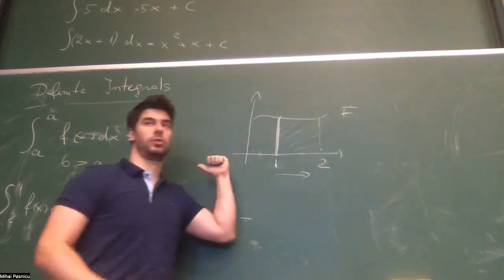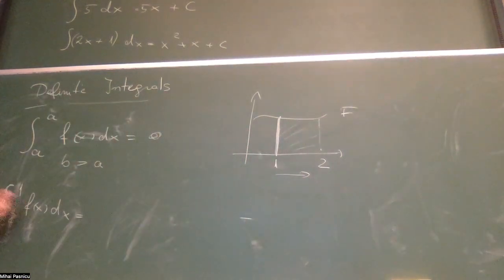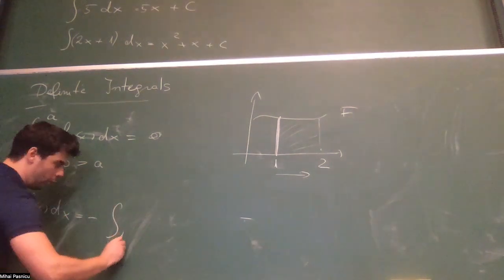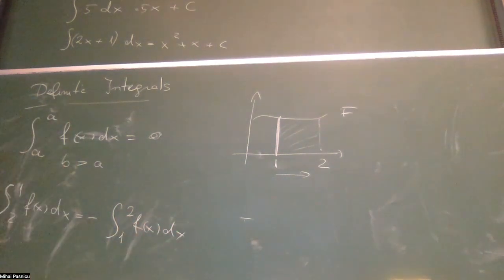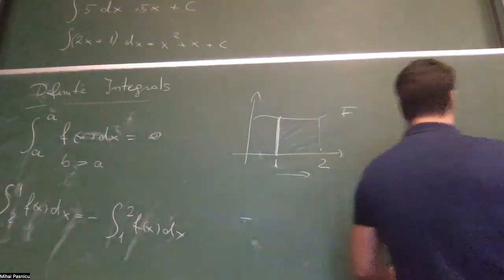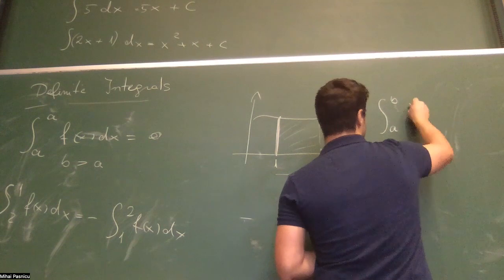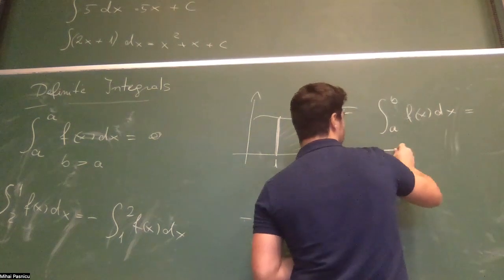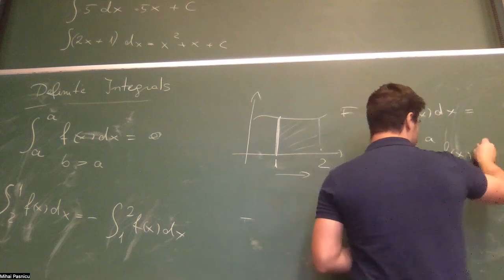If I'm moving this way, from 2 to 1, it's negative. So it's not wrong, it's just minus the integral from 1 to 2 of f of x dx. So you can flip the limits of integration. The general property is: the integral from a to b of f of x dx is equal to minus the integral from b to a of f of x dx.